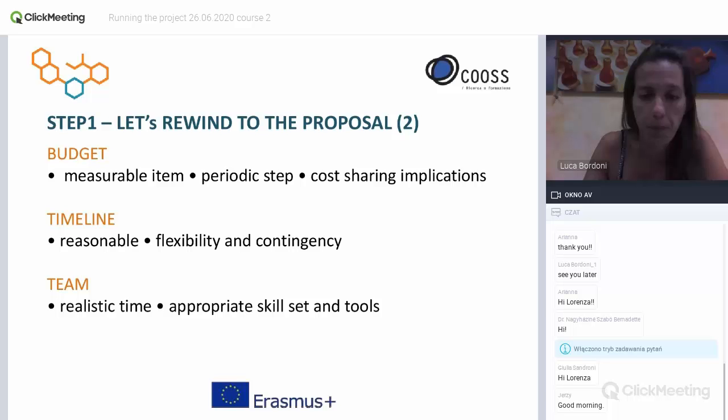The most important aspect to check and to clarify is the budget, to try to define in a measurable way all items, all tasks, all actions we have to implement: the dissemination activities, the organization of meetings, the implementation of outputs, the organization of training, etc. So to check our budget and to find all the implications deriving from the cost sharing.